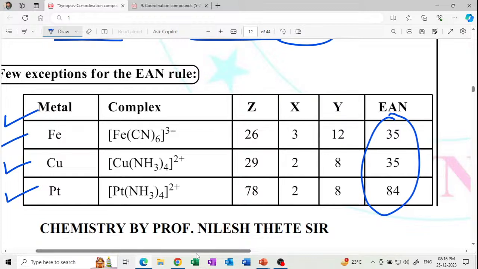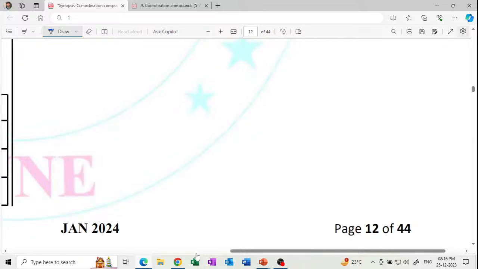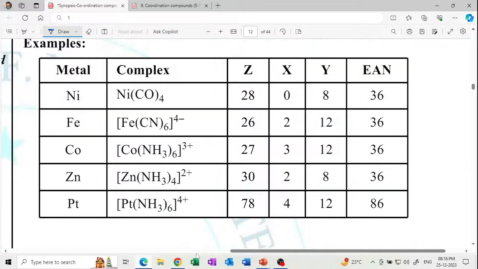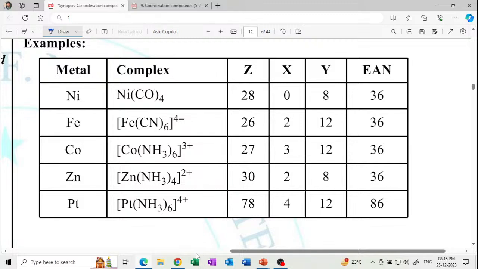Effective atomic number is Z minus X plus Y. This is a very important table, with the complex and its effective atomic number, Z minus X plus Y. Completed. Okay. The examples are important, so solve the examples.